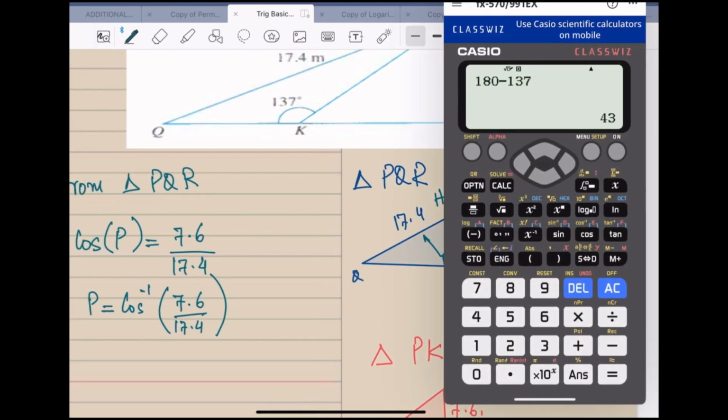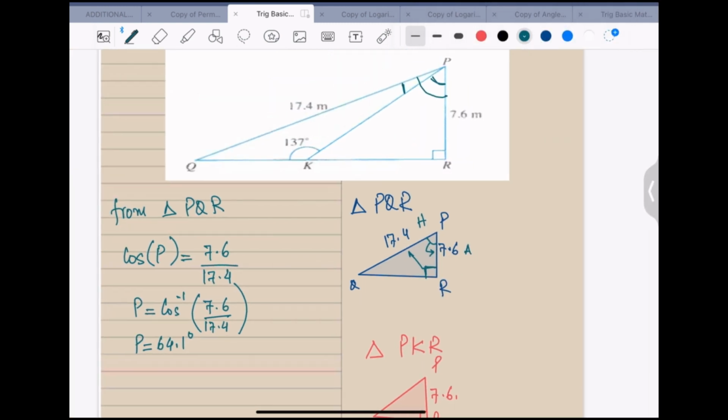So now taking cos inverse of 7.6 over 17.4, which gives you 64.1. So P is equal to 64.1 degrees. You can write that down, so the big angle here is 64.1.